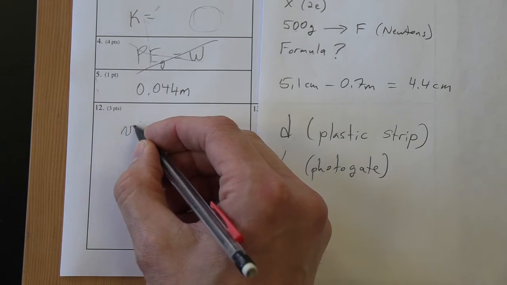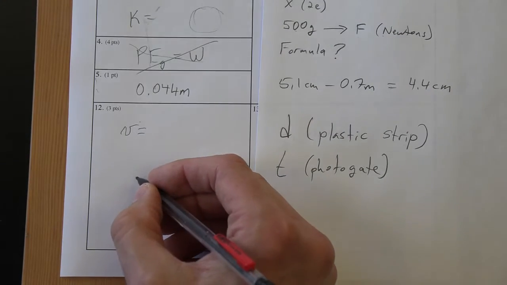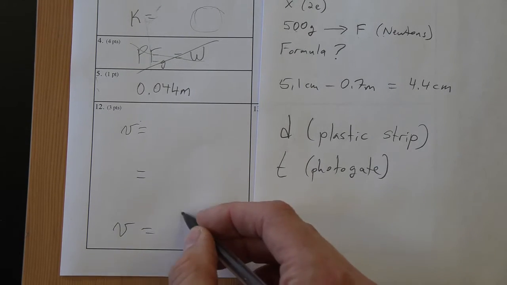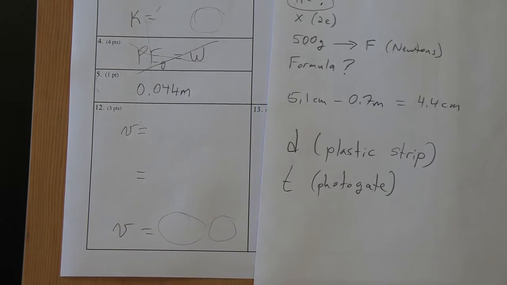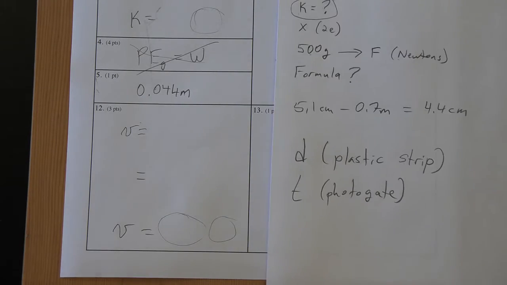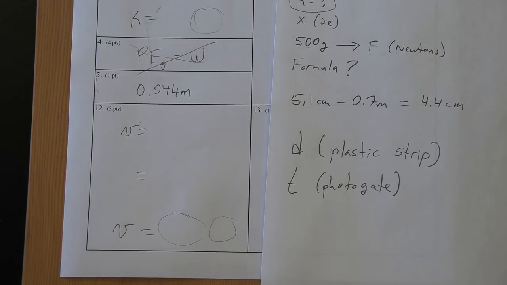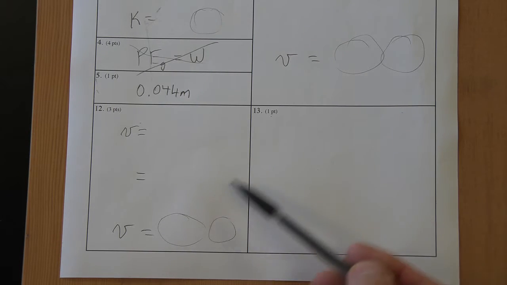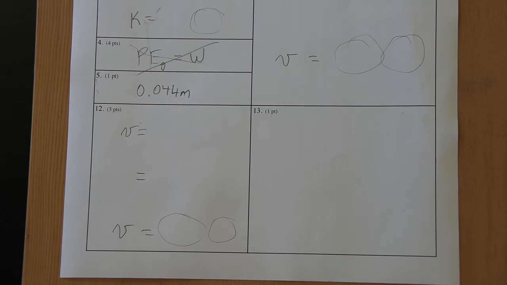So you're going to start with a formula as always. You're going to make a substitution, and then you're going to get an answer with the right number of units. So that's the calculation you make with these two pieces of data. Again, you've got to find the formula and you've got to calculate. And then in step 13, you're just going to do a percent error between these two velocities.